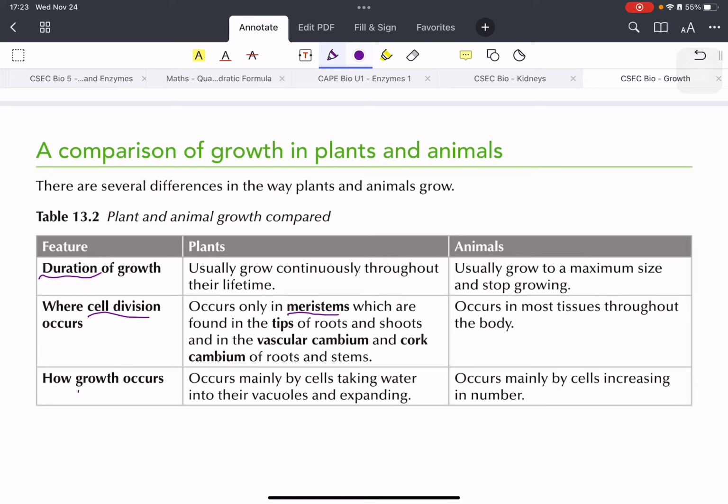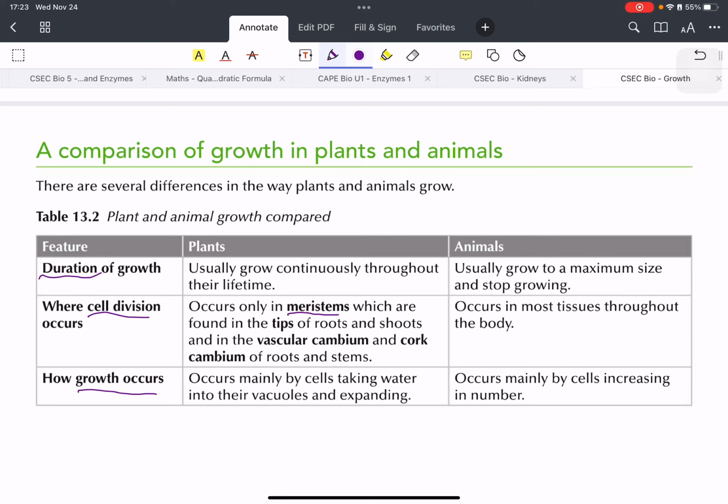And finally, how growth occurs in plants. Remember, the seed needs to germinate via water. So water enters the cells, and water enters the vacuoles in the plant cell. Remember that huge rectangle in your plant cell, it has a lot of water, and the cell will begin to grow and swell just like that. However, in animals, cells will increase in number via mitosis. Remember, plants can't divide as effectively as humans.